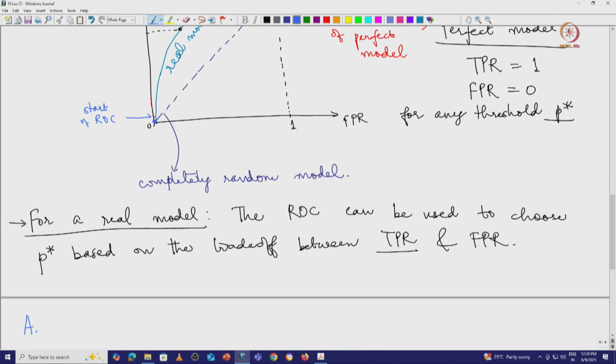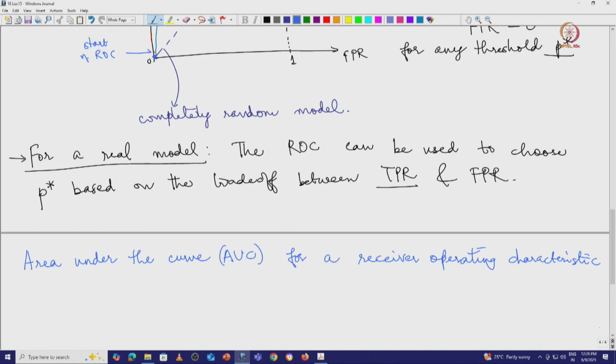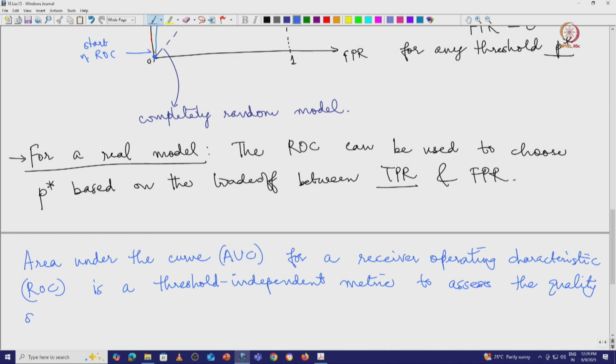The area under the curve, AUC, for a receiver operating characteristic, which we had shortened as ROC, is a threshold independent metric to assess the quality of a binary classification model.